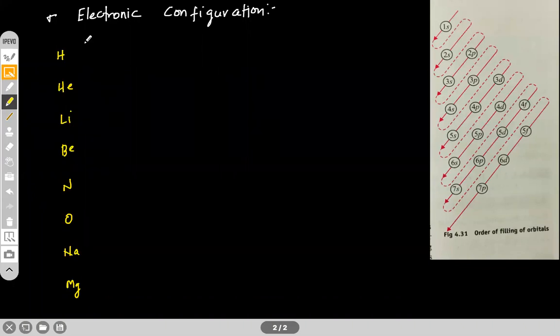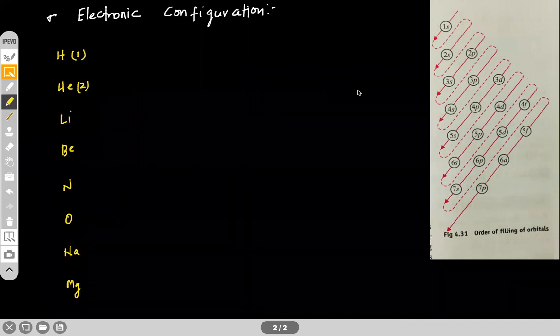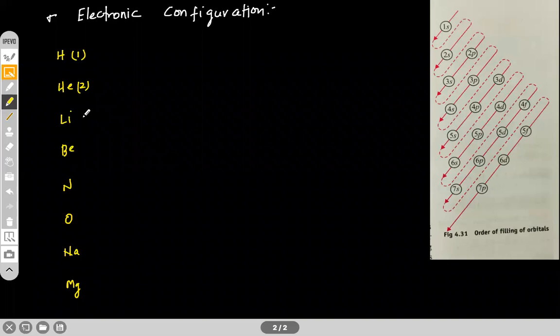Okay. Atomic number, first of all, you should know for this. 1, this is 2. This is 3, 4. Nitrogen is 7. This is 8, 11, and 12.